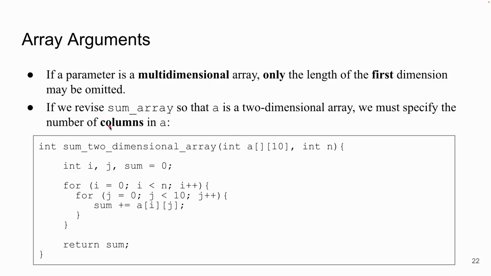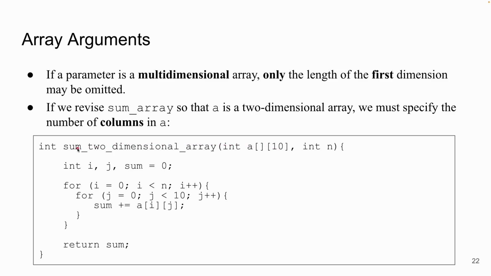In this example, I revised the sum array into this sum two-dimensional array function, where A is a 2D array. You can see in the function definition, I need to tell the function explicitly what the length of the column is, so I need to provide 10 here.